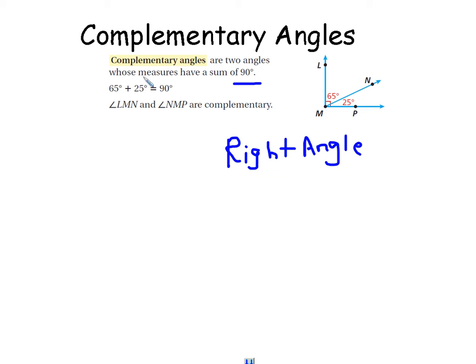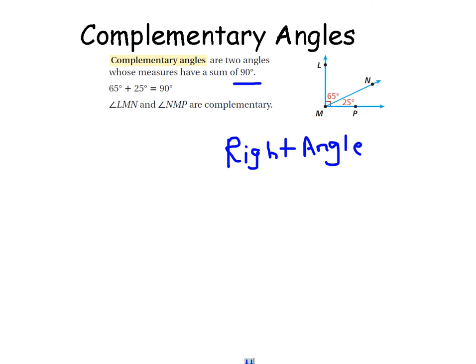We use the mnemonic device: it's right to complement somebody, to say that complementary angles make a right angle if put together. This is also an adjacent angle because they share this ray and this vertex. Not all adjacent angles are complementary angles, but this one is.